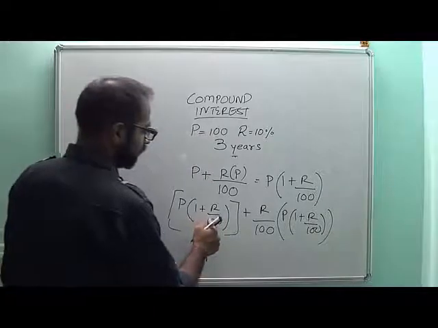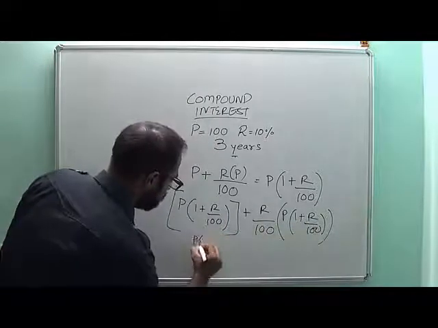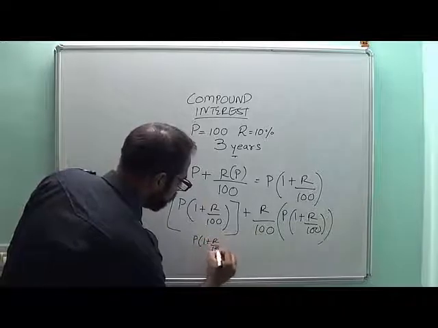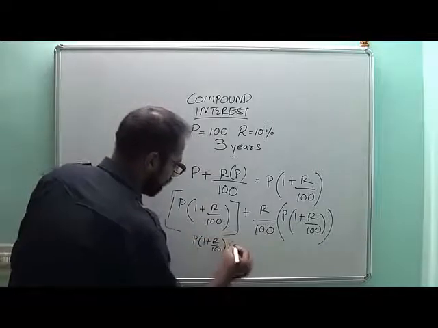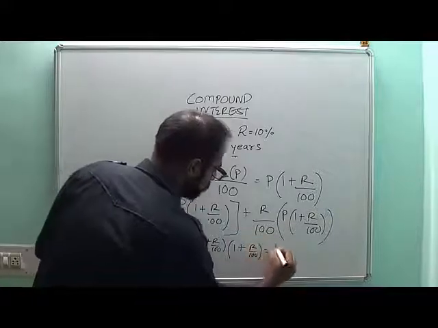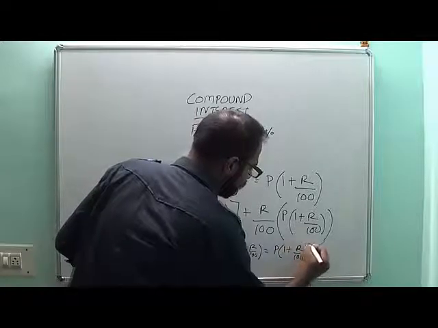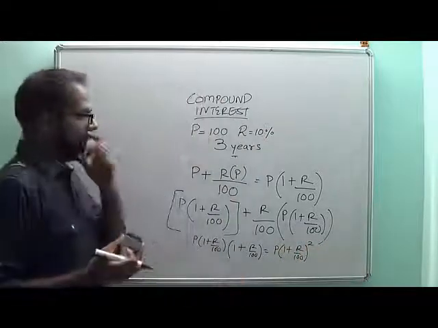Taking this entire thing, P into 1 plus R upon 100 is common. From here I get 1, from here I get R upon 100. So this is equal to P into 1 plus R upon 100 the whole square.